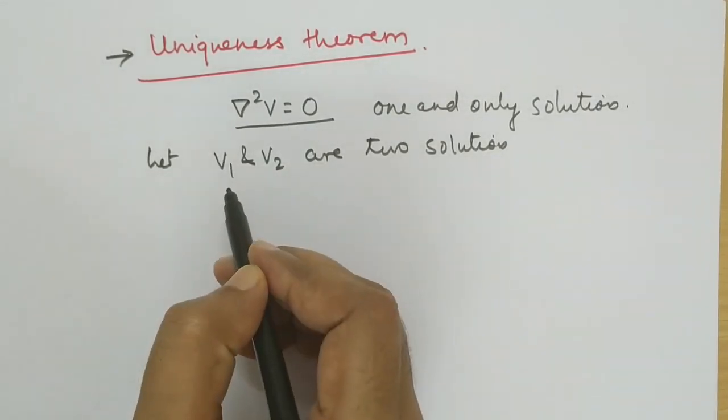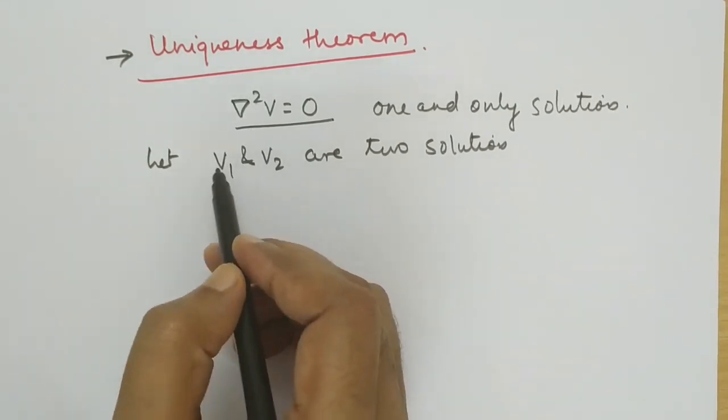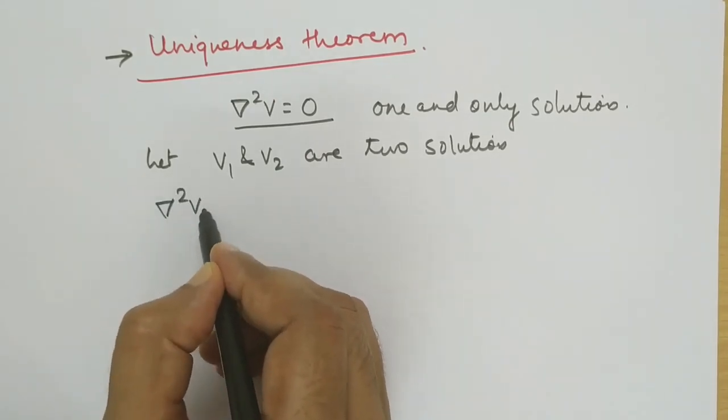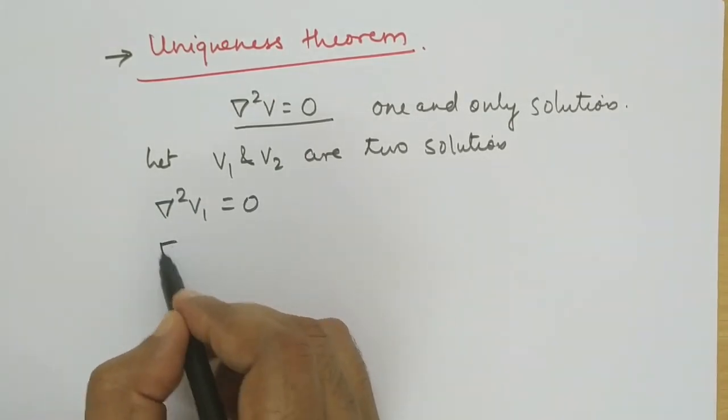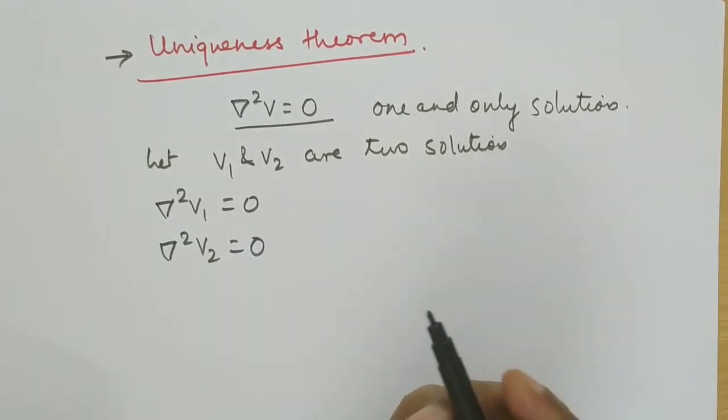As we know, if these are two solutions, each will satisfy the equation separately. So del 2 V1 equal to 0 and del 2 V2 equal to 0.